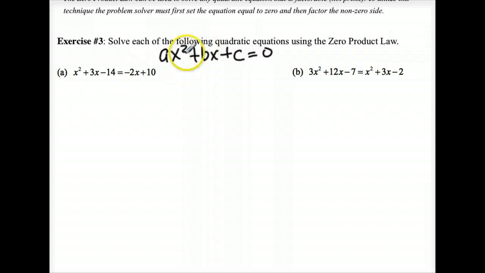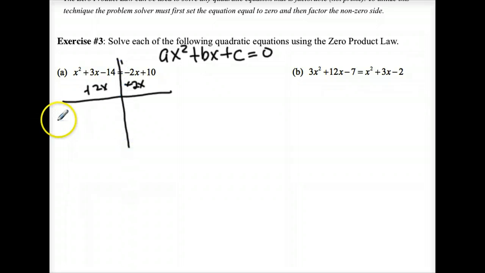Since it's not, I want to move all of these over so I can have something that looks like this. So the first thing I want to do is move the x. I add 2x on both sides because I do the inverse. I like to draw my reverse. So I have x squared plus 5x minus 14 is equal to, these cancel off and I'm left with 10.